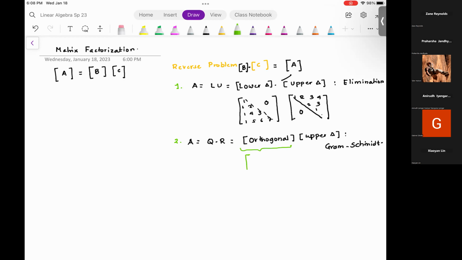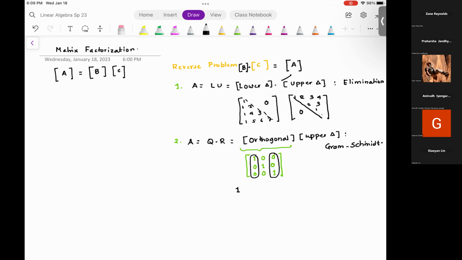One classic example of an orthogonal matrix is 1 0 0, 0 1 0, 0 0 1. So if you take any row and multiply that with any column. So for an example, if I take this column and then multiply this with this column, I get 0.